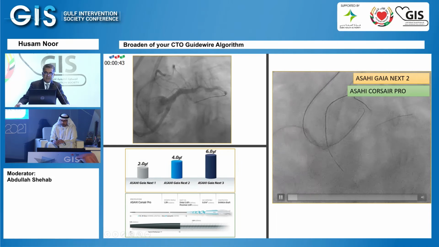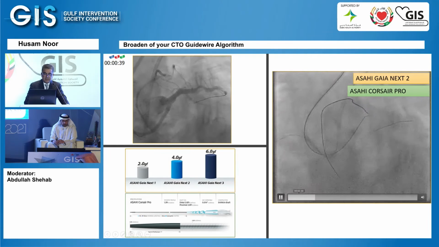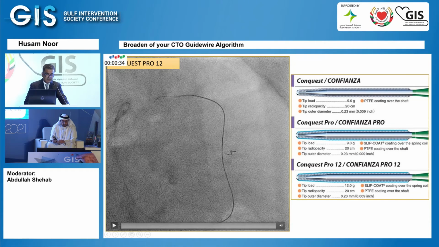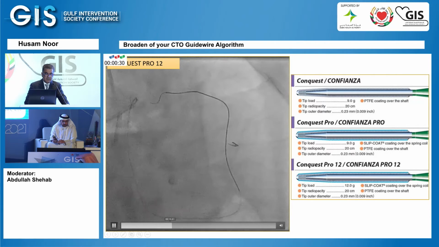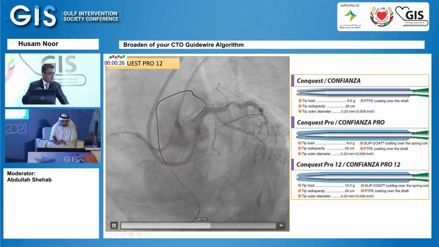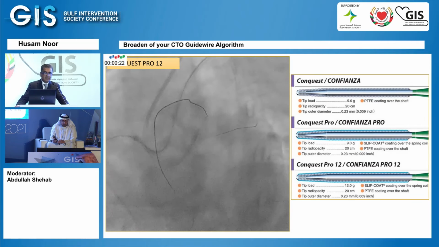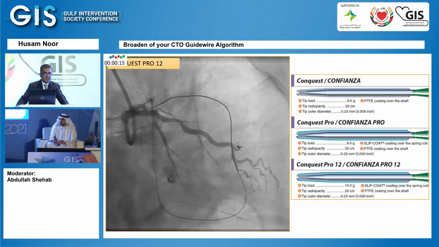Now you can see the CP12 made some progress retrogradely. I'm just going to go fast further. So we're moving with the CP12, biplane, LAO, RAO, and you can see the CP12 is progressing, but definitely it's not in the vessel lumen.